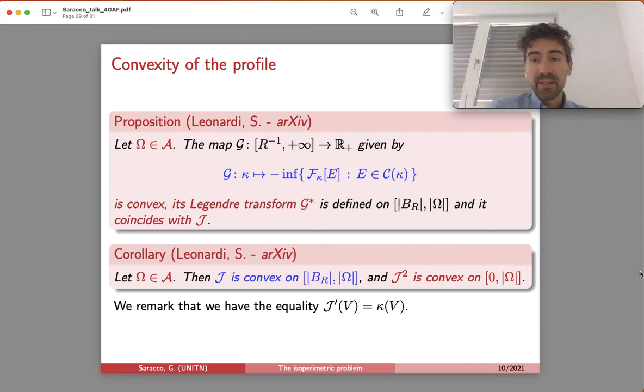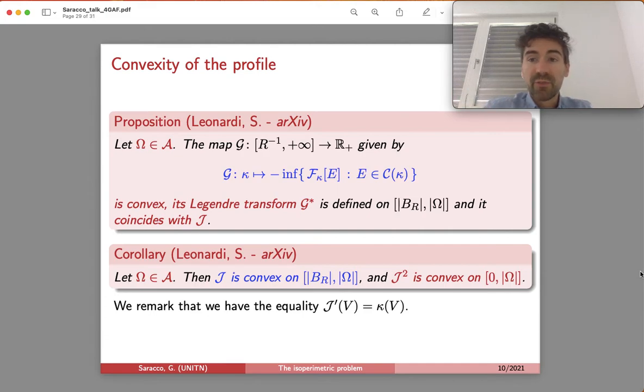You take a set in our class, and you consider the following map, G, that to each curvature kappa associates minus the infimum of the auxiliary energy, so perimeter of E minus kappa times volume of E, among all subsets in the right class of competitors. You can prove that this map is convex.